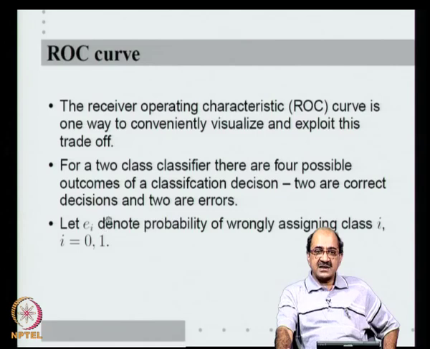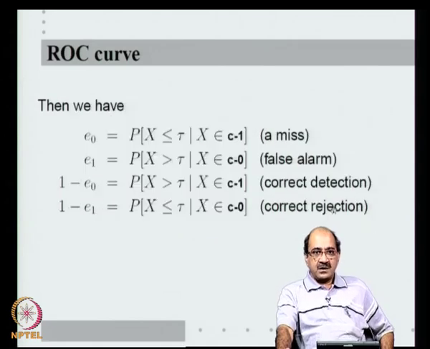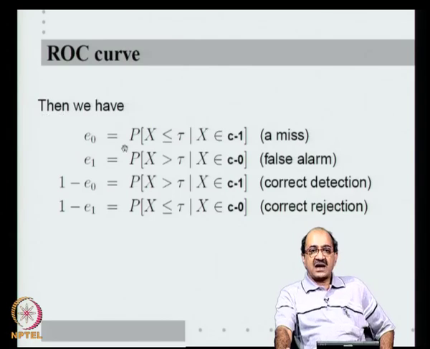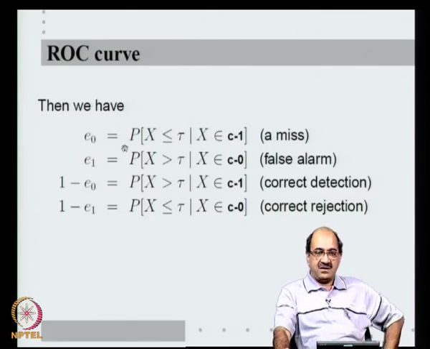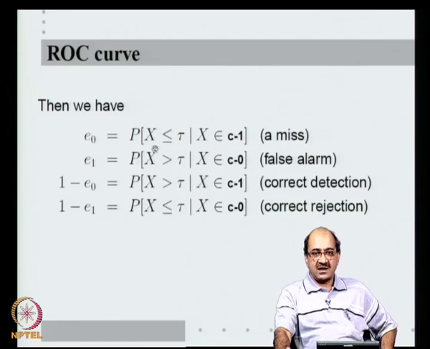Let us say E subscript i denotes the probability of wrongly assigning class i. What does that mean? E 0 is that I call class 0, but the feature vector actually belongs to class 1. So, E 0 is the probability of wrongly assigning class 0, and similarly E 1. Now, we can write E 0, that is, I say class 0 but it is actually class 1.